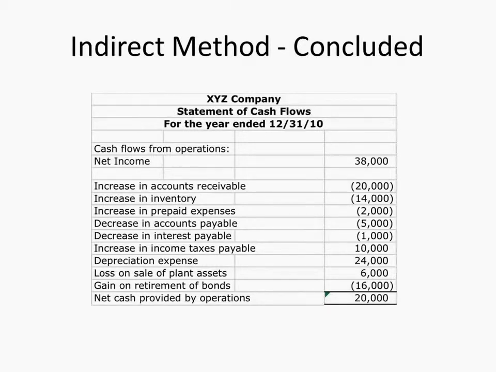So if you sell something for $80,000 that had a basis of $90,000, okay? So the asset comes off your books at $90,000. Cash you received was $80,000.